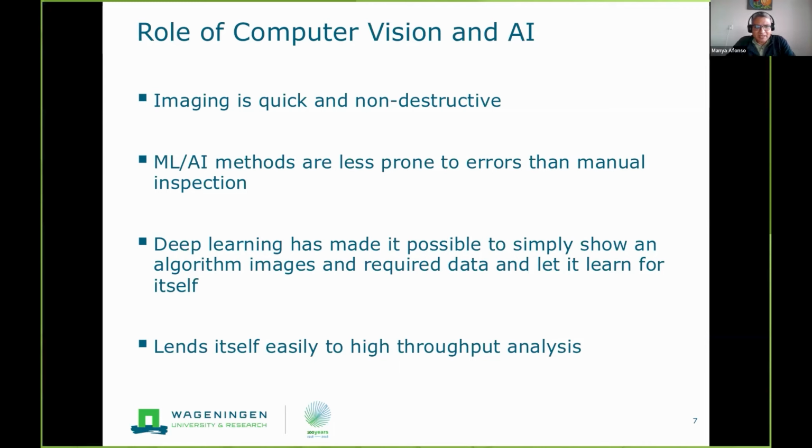And deep learning has made it even possible to not define the actual features or criteria that you use for the evaluation, but simply provide data for training. And of course, compared to other means, image-based phenotyping can be used in very large cases, such as large greenhouses or large fields. So it can be used quite easily in high throughput cases.